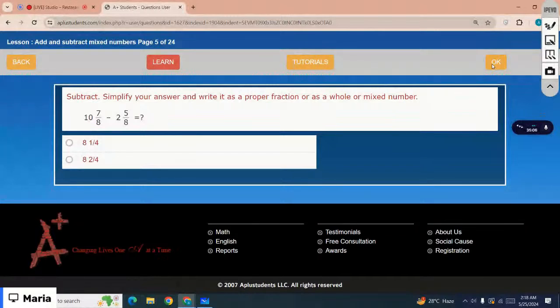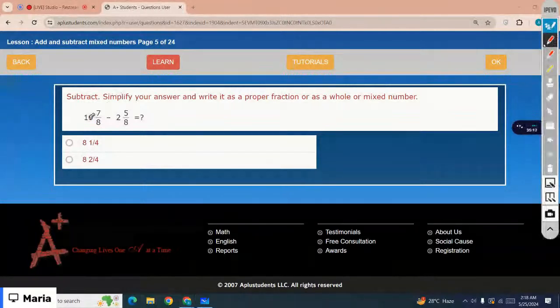The correct option is option number 1, right? That is because when you subtract their whole numbers, 10 minus 2 is 8. When you subtract their fractional part, 7 minus 5 is 2. So that is 8 whole 2 over 8. You have to divide them by their common factor, that is 2. So that is 8 whole 1 over 4 is the correct option. The correct option is option number 1. That is 8 whole 1 over 4. Got it?